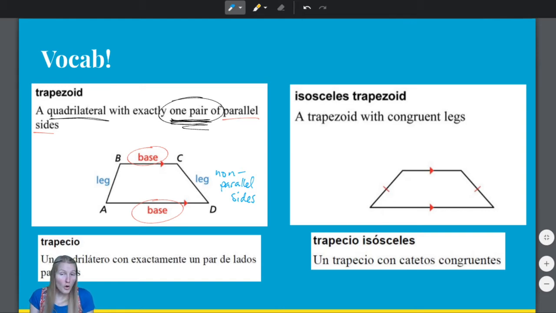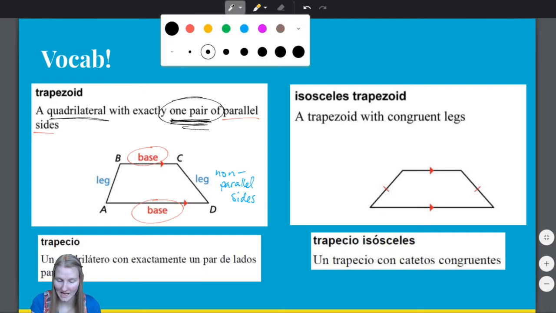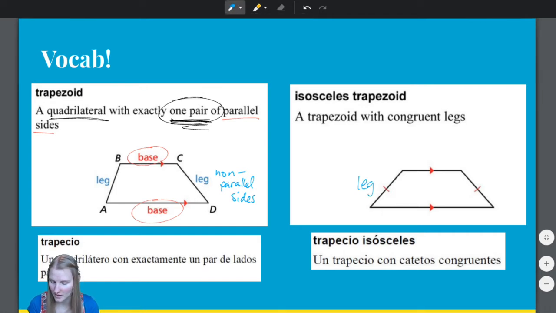Okay. Also, right next to that, I put an isosceles trapezoid. So this is a special type of trapezoid in which the legs, the non-parallel sides, are congruent. If the bases were congruent, this would be a parallelogram, because we would have the opposite sides parallel and congruent theorem.